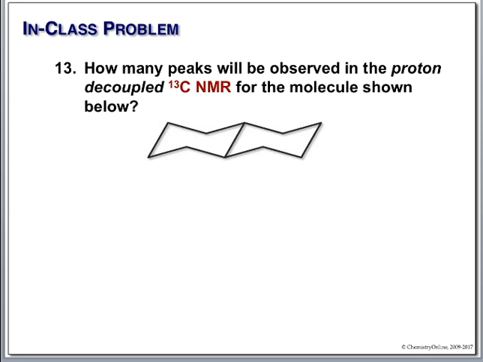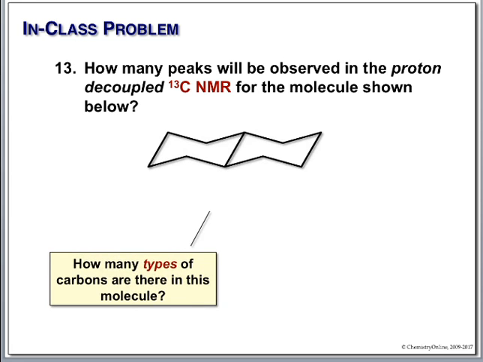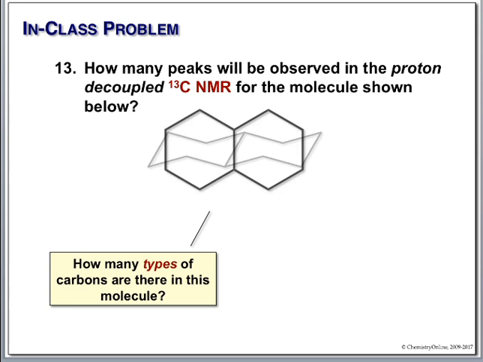Finally, here we have a 6-member ring fused to a second 6-member ring. Again, we're looking for the number of unique carbons. For this, I think it's easiest to take my beautiful little drawing and let's just turn it flat. Sit on it for a little bit so it flattens out. This makes it easier to appreciate the symmetry.